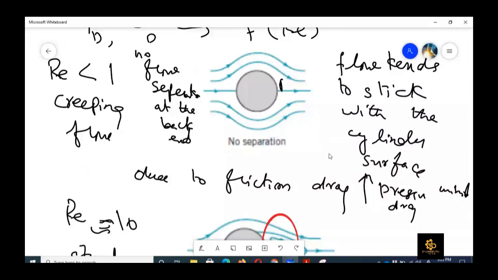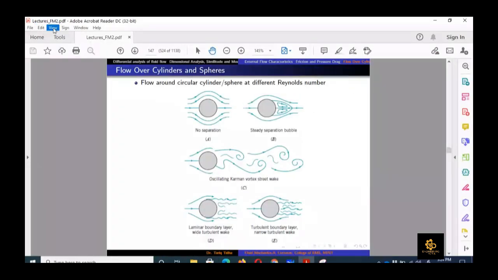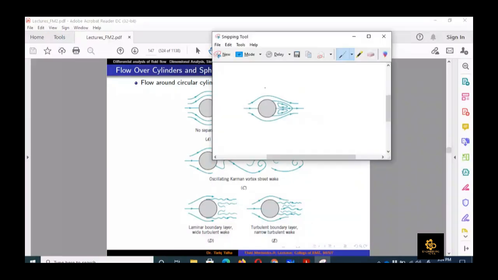Now, if we move on to the next case, then the Reynolds number is around 50. Now this is the third case. Let me copy it and then I will explain it.